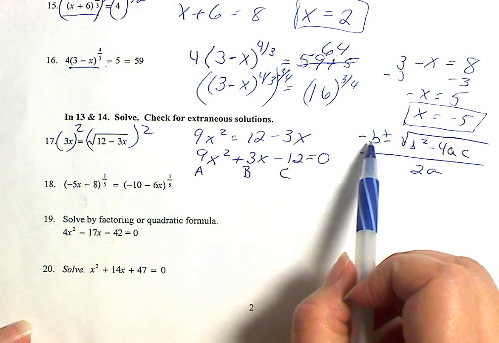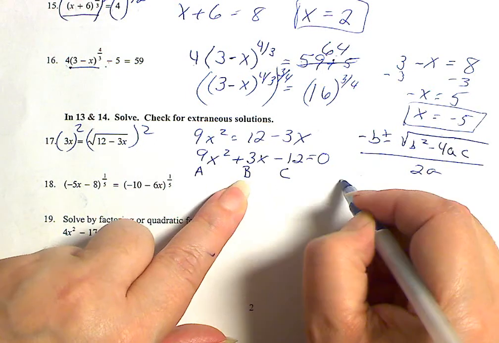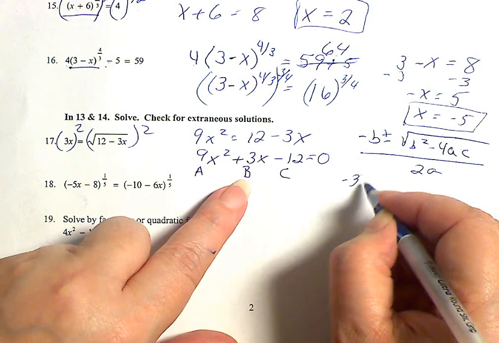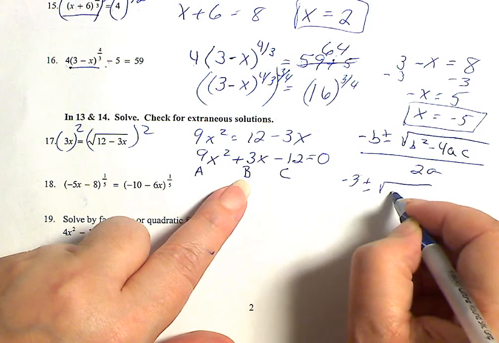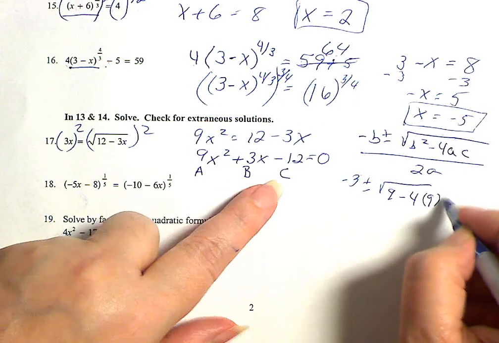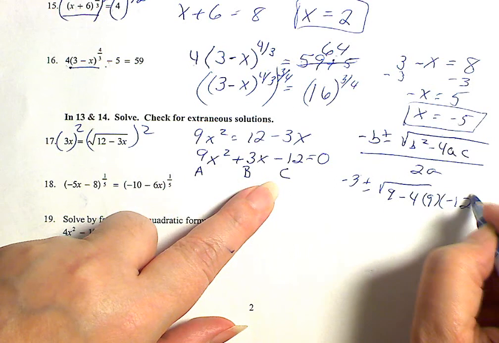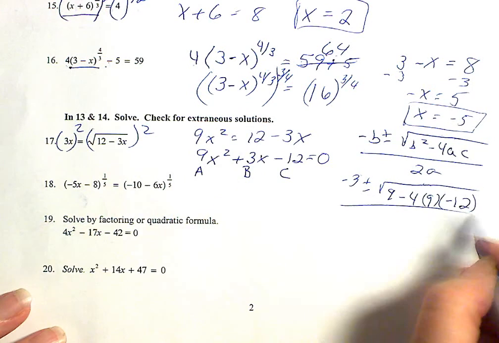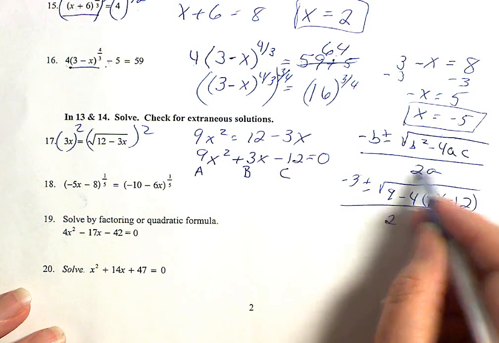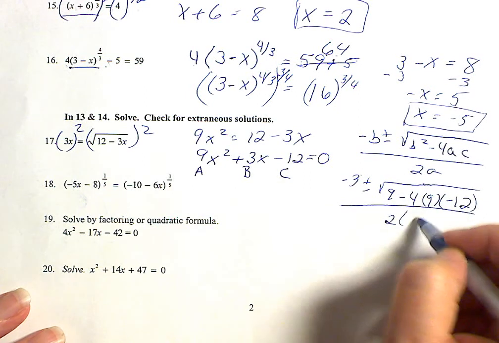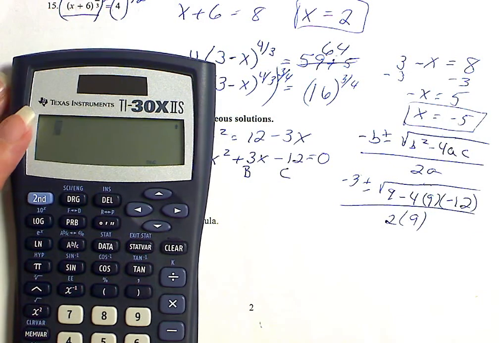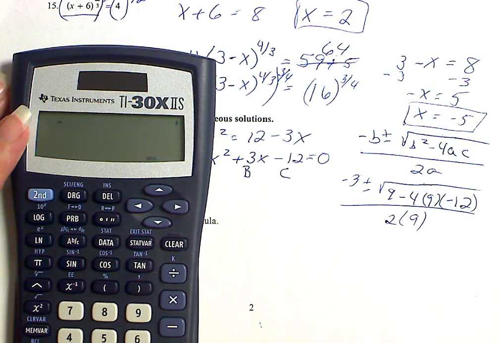So we have a negative 3. And negative b just means opposite sign. So we have negative 3 plus or minus the square root of 9 minus 4a, which is 9, and c, which is negative 12, all over 2a. I'll just do this part first.